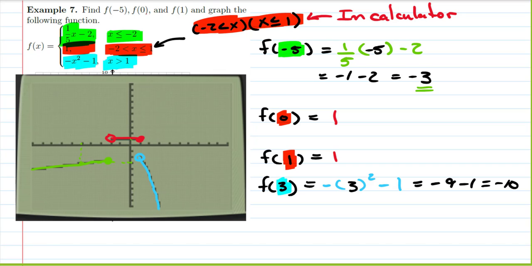And if I go over to 3, we see my graph does go all the way down to 10 right here. So we see that this graph does indeed represent that piecewise function. So we can graph it by putting all of these parts together.